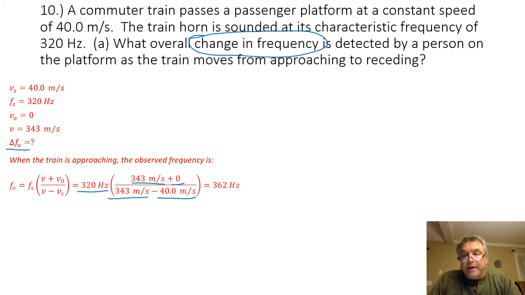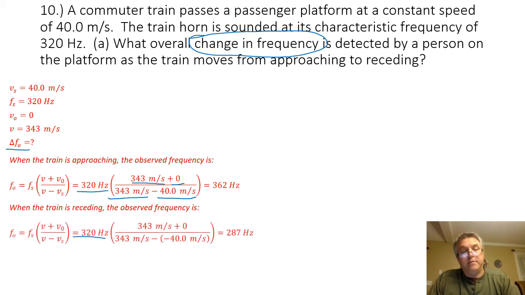After the train passes the platform and is moving away from the observer now, I'm going to plug everything in the same. My frequency is the same. The speed of the sound wave is the same. The observer is still stationary, so their velocity is still 0. But now because the train is moving away from the observer, its velocity now becomes negative.